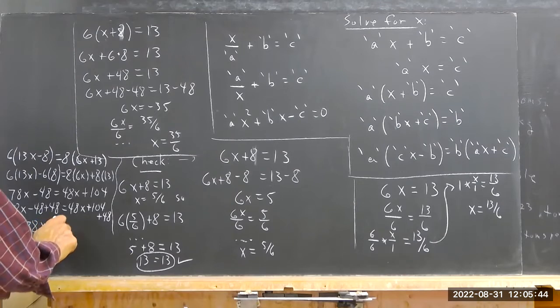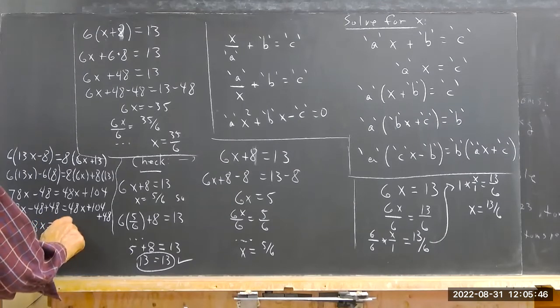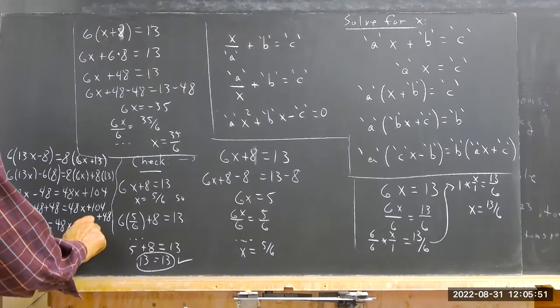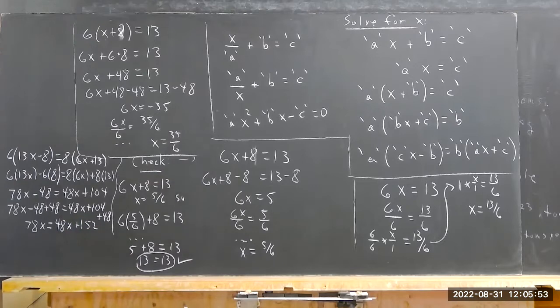78x equals 48x plus 152. And things are getting a whole lot simpler. And I subtract 48x from both sides.